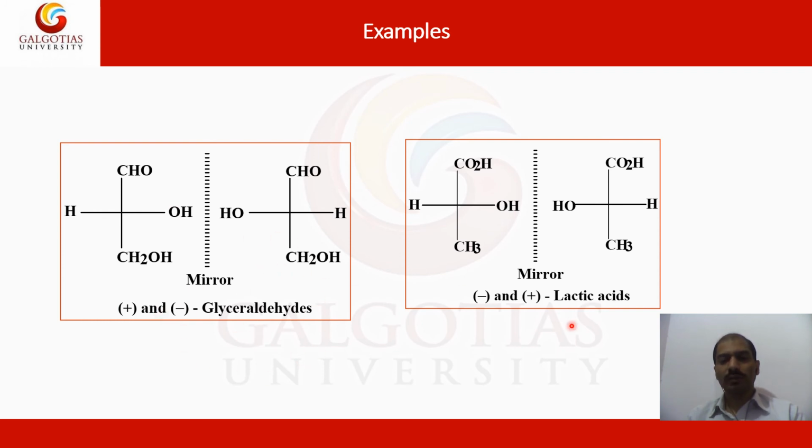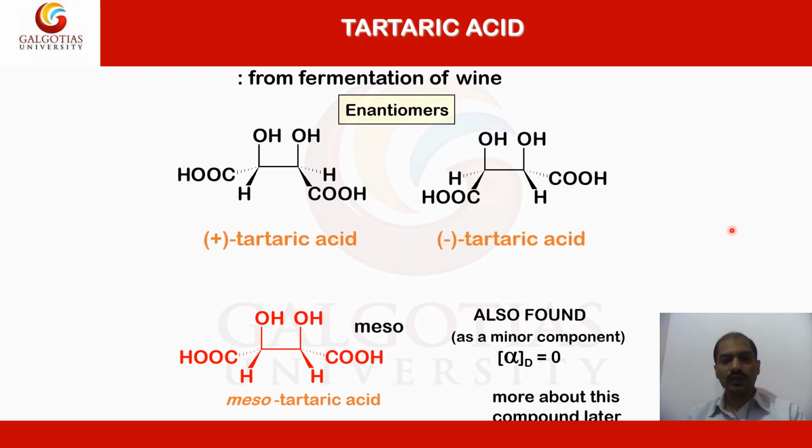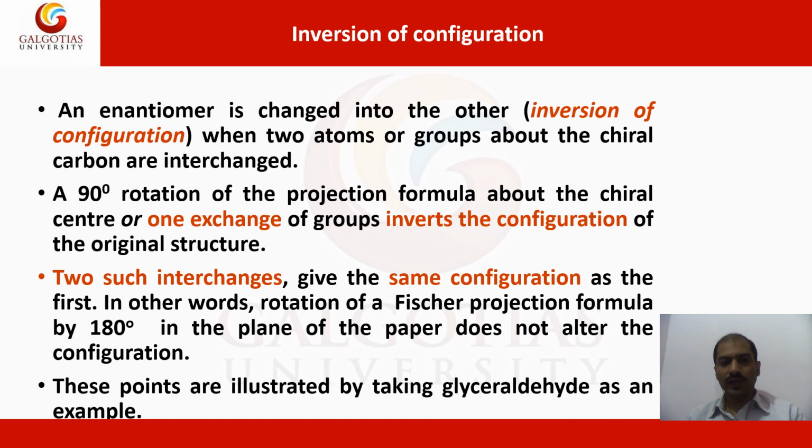Similarly, you can see another example in lactic acid. With the help of this you can also understand. There are many more examples that will come once we discuss in detail. So here we have gone through the basics of stereochemistry. There are a number of other examples, like tartaric acid and many more.